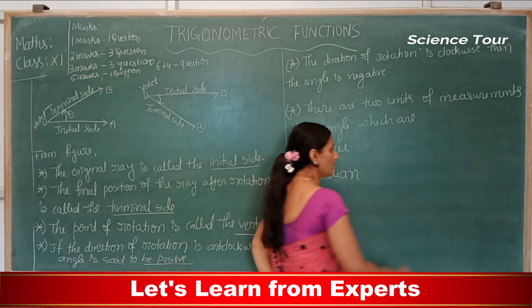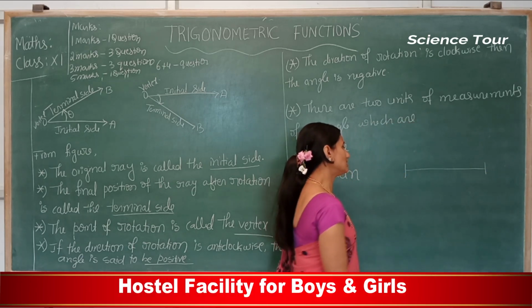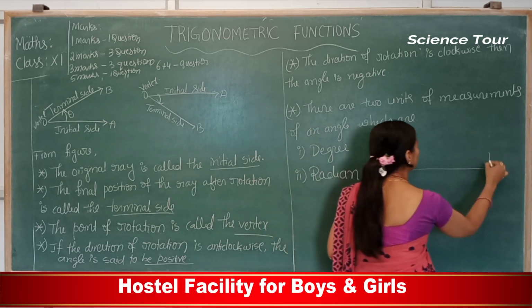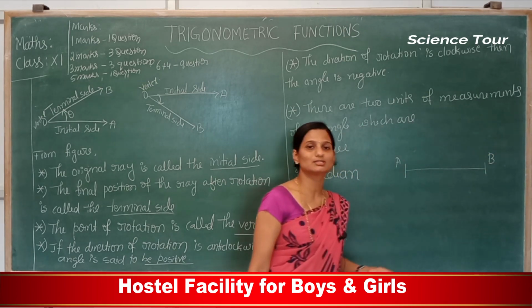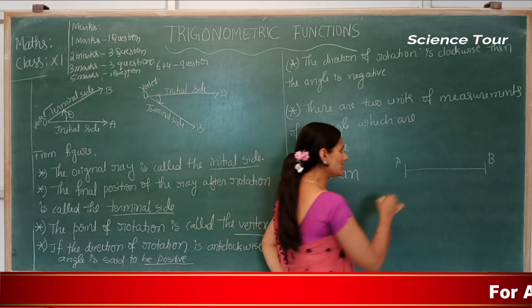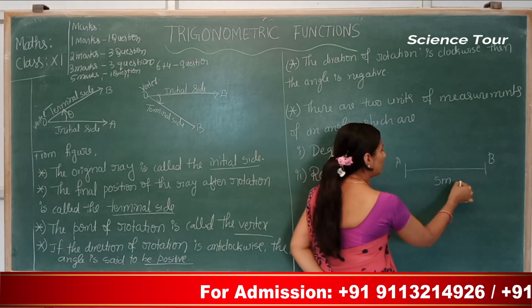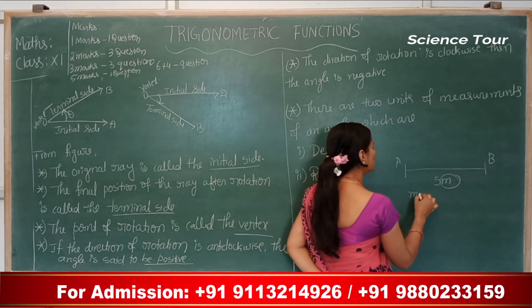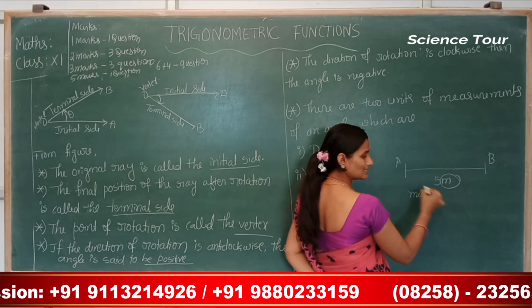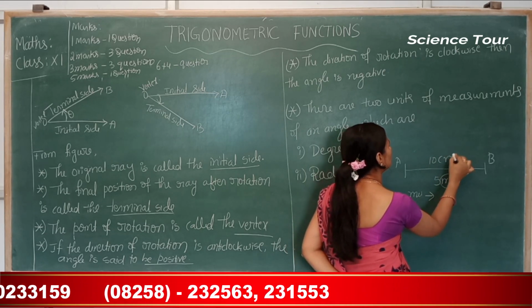Already you know, for the length or distance from point A to B, how do we measure the distance, or what is the unit of that measurement? We say the distance here to here may be 5 meter, so meter is a unit for distance, or sometimes we say 10 centimeter.